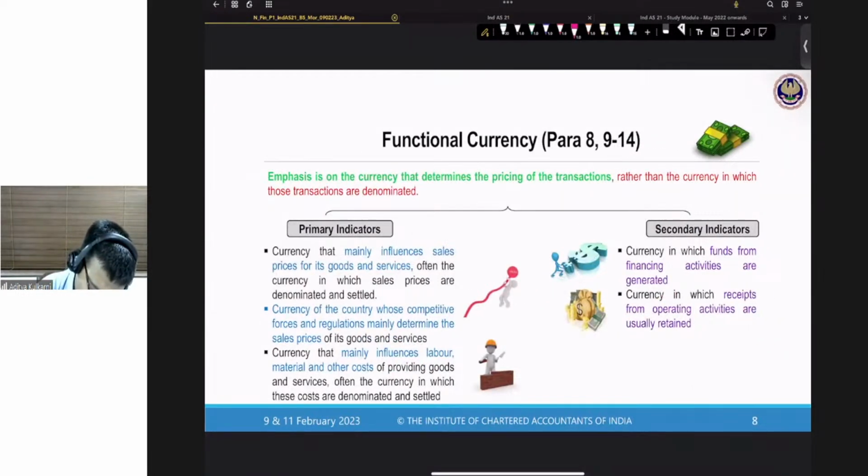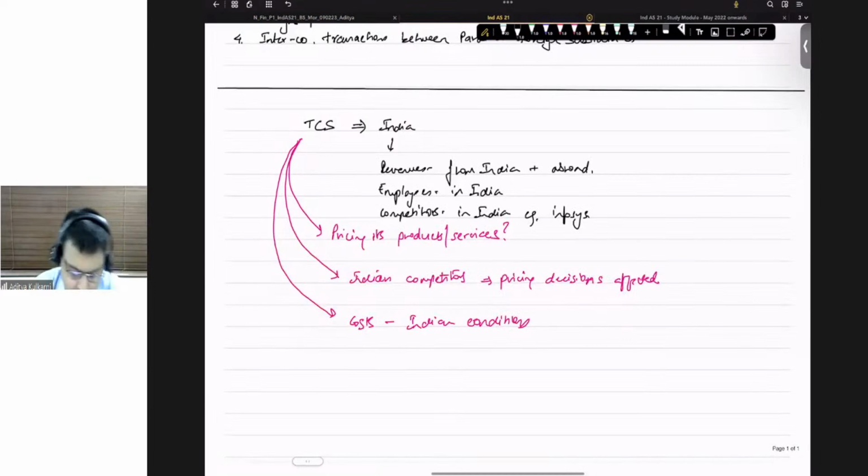Emphasis is on the currency that determines the pricing of the transactions rather than the currency in which those transactions are denominated. Let us suppose that TCS received only contracts for entities outside India. So TCS's customers are all located outside India.